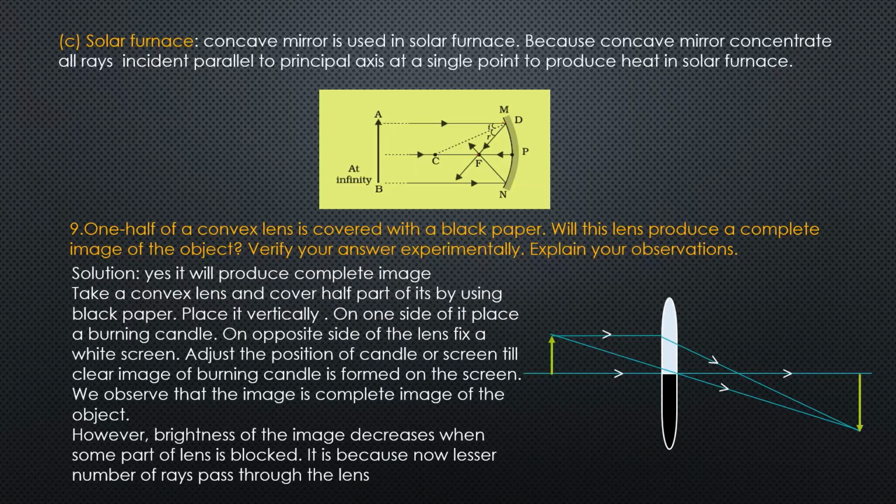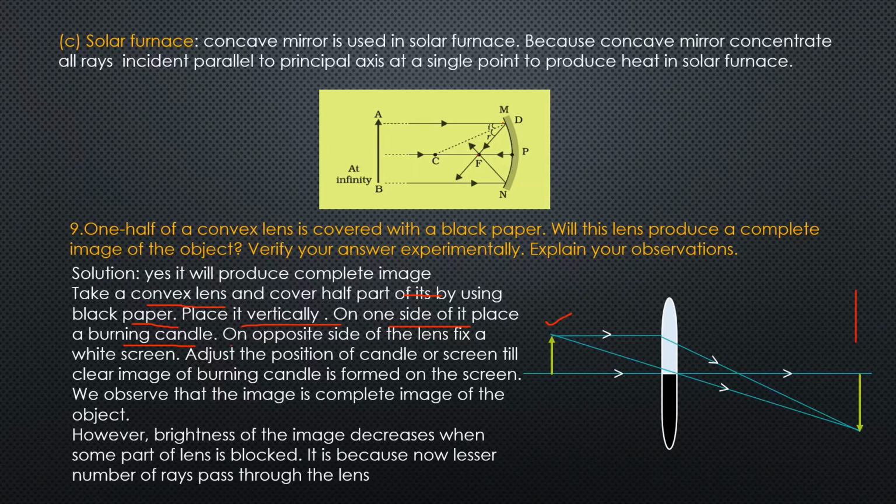So experimentally we can show it. We have to take a convex lens and cover half part of it by using a black paper. Place it vertically. On one side of it, place a burning candle at this point. On opposite side of the lens, place a screen.